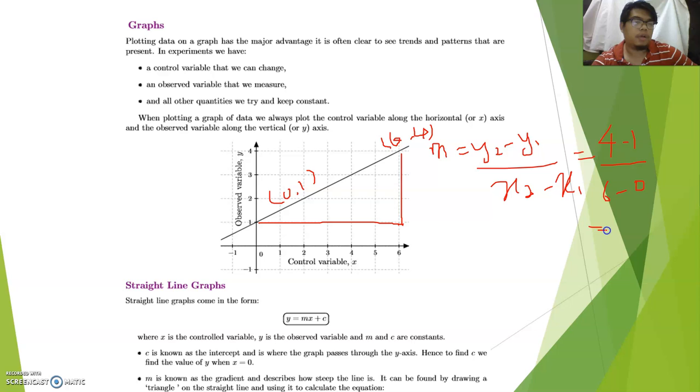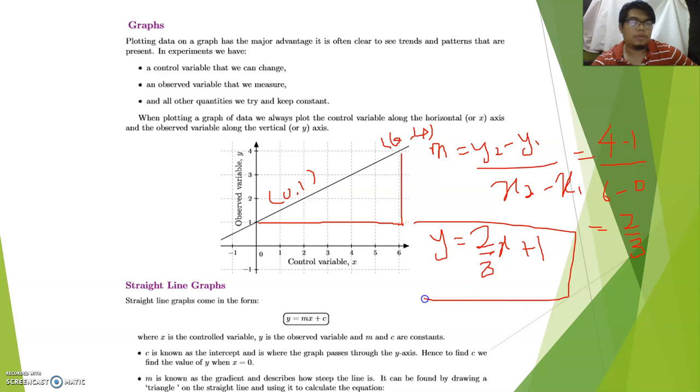So we simplify, we will have 2 over 3. So for our equation, y equals mx plus c, our m will be 2 over 3, and our c will be the point that passes the y-axis. Here is 1. So here is the general equation for this graph.